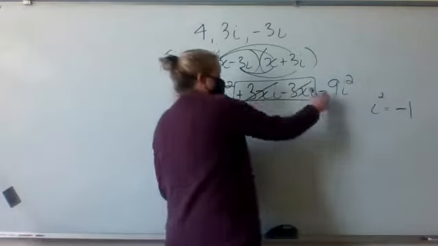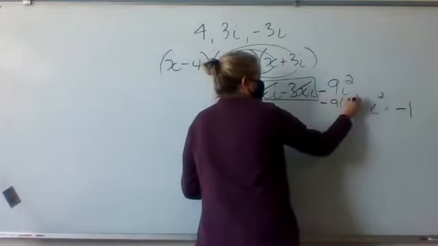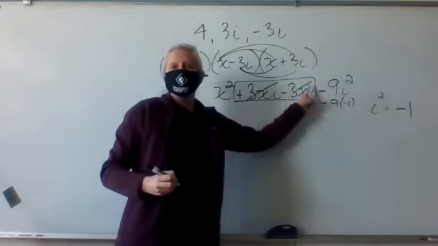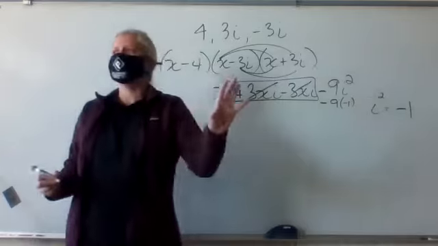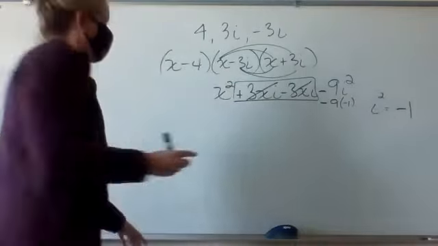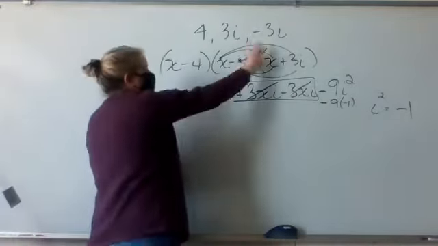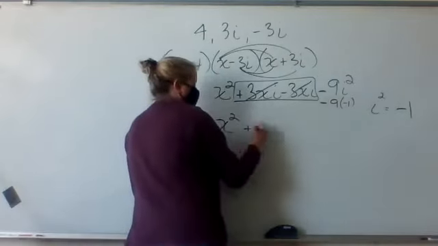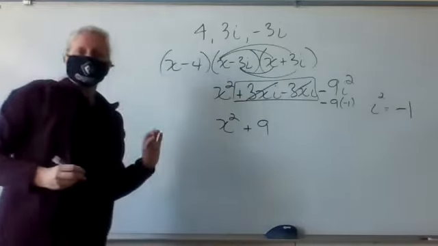So this really says -9 times -1, which turns all of this into what? +9. Plain old +9. So all I have left from multiplying those together is x squared plus 9.